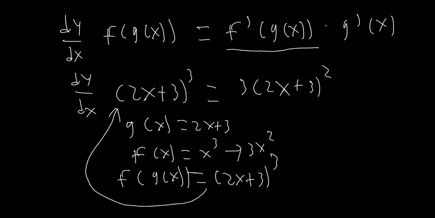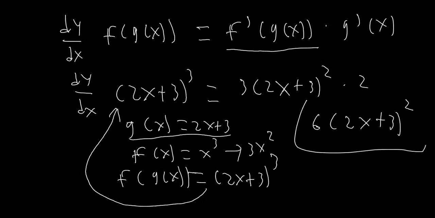Then we multiply by the derivative of the inside function g of x, which is 2. So our answer is 6 times 2x plus 3 raised to the second power.